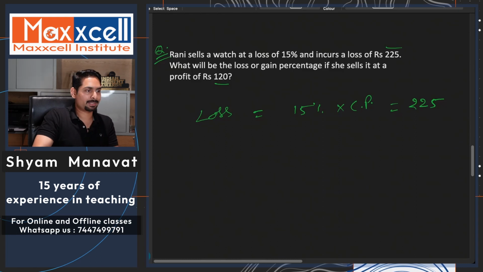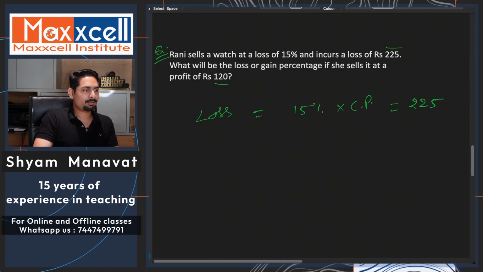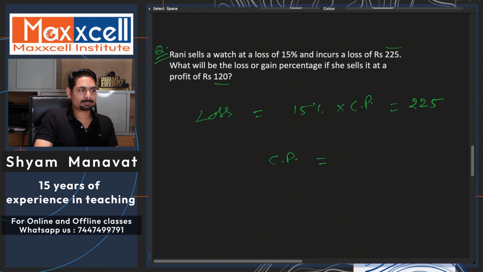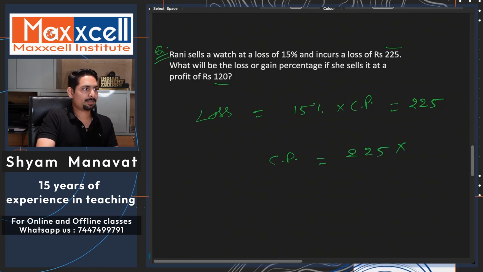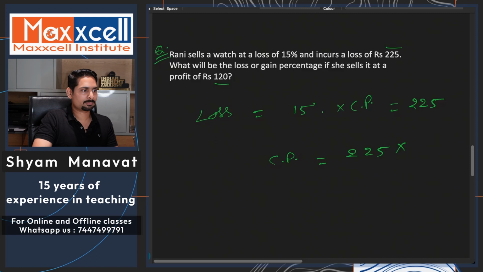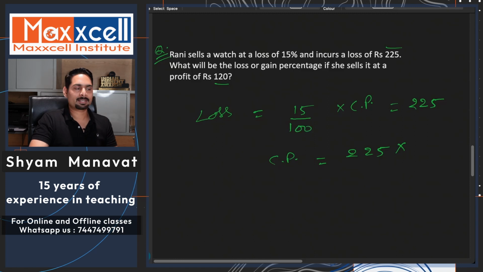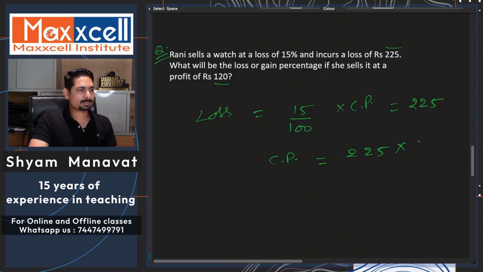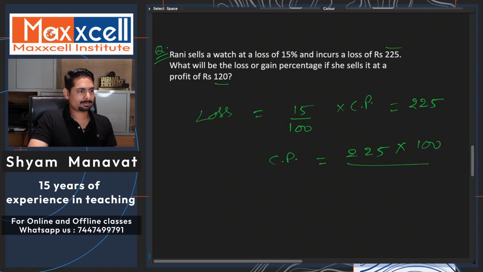Great. Now with this, can we calculate cost price? 225 cross multiply. If I remove the percentage sign, what will we get? We get divide by 100. Cross multiply. That's 100 by 15. Can we cancel this by 15?